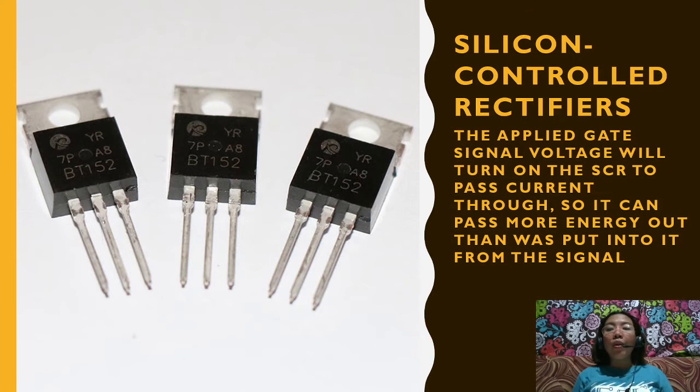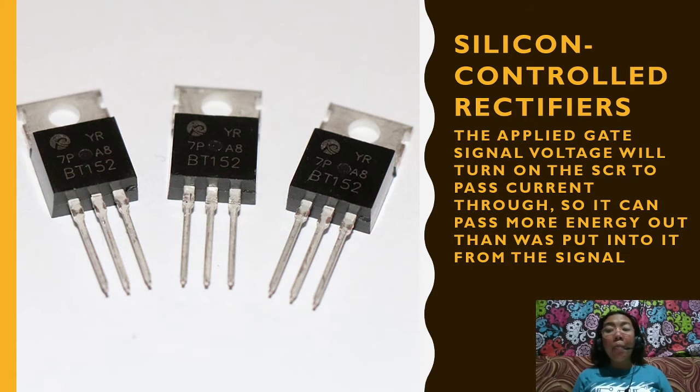The silicon controlled rectifier requires a trigger signal, or a signal that is applied to the gate, that will turn on the silicon-controlled rectifier to pass current through. And the signal that is required to trigger the gate is only a small signal.